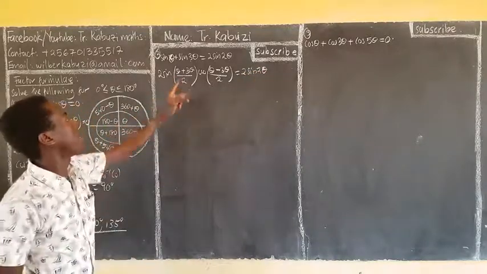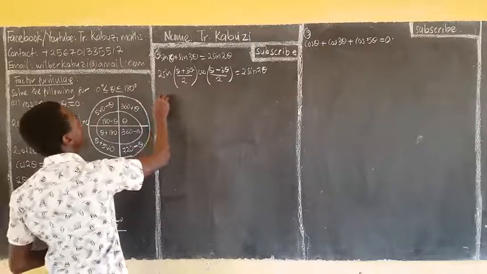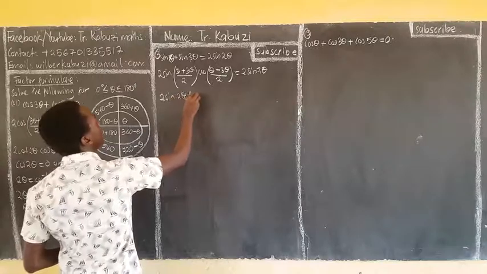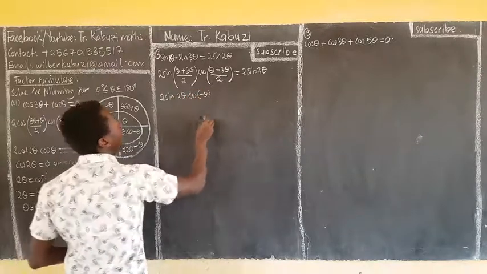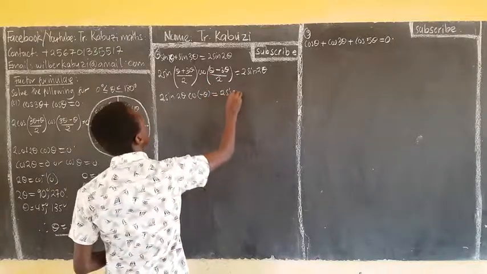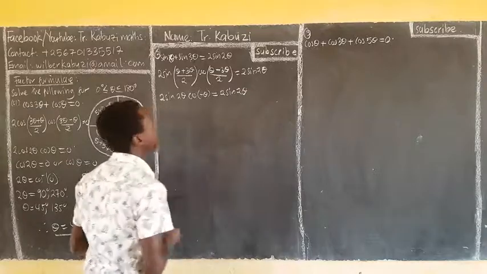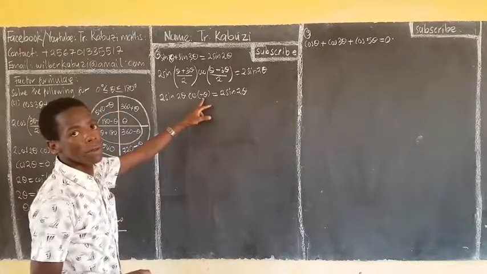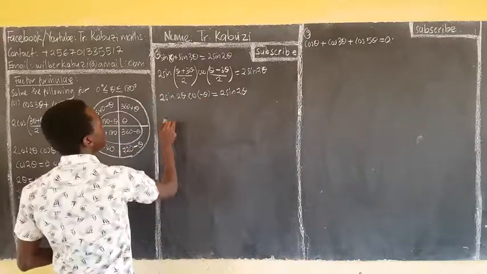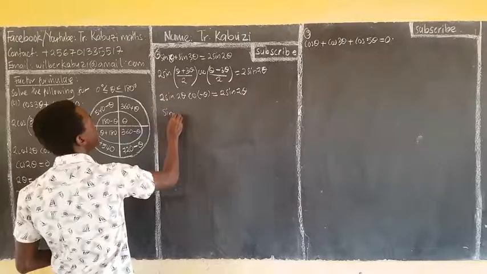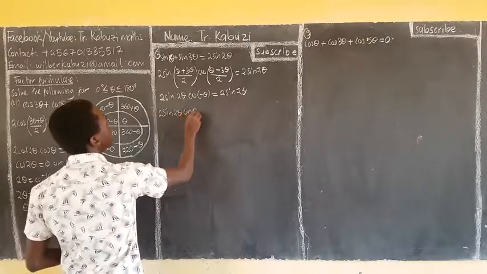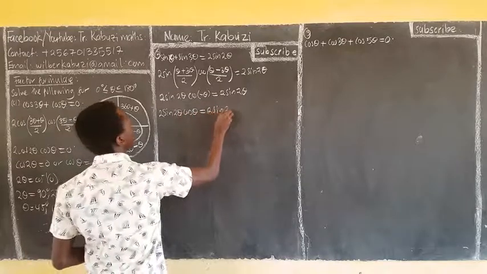So this will be 4 theta divided by 2, so I'll be having 2 sine 2 theta, then cos of negative theta, because this will be negative, divided by 2, get negative theta, equal to 2 sine 2 theta. From here I say cos of a negative angle is the same as cos of a positive angle. So this will be 2 sine 2 theta cos theta equal to 2 sine 2 theta.